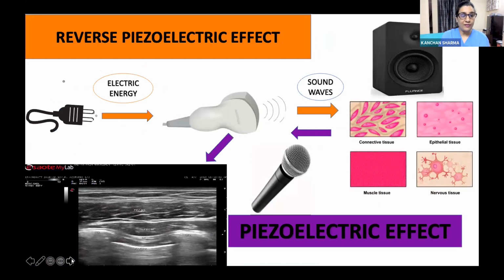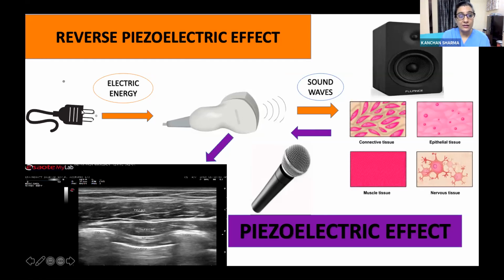Now see, if I have switched on the machine, I am going to apply the electrical energy, and I have the piezoelectric crystal present in this transducer. So this transducer is going to cause deformation of these crystals, and that is going to generate the sound waves. So what am I doing?